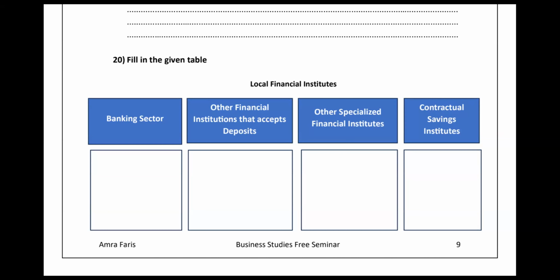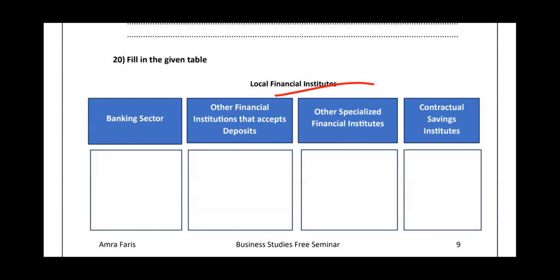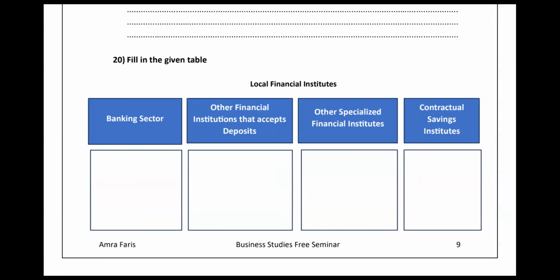Okay. Other specialized financial institutions, in the third box. What are the things that come under this? The first thing, write it down: specialized finance leasing companies. Leasing companies can't accept deposits.